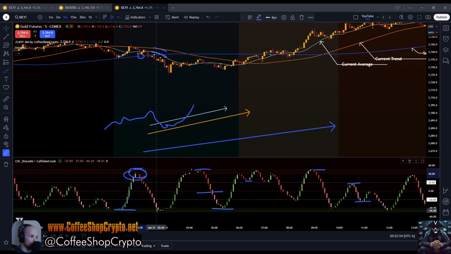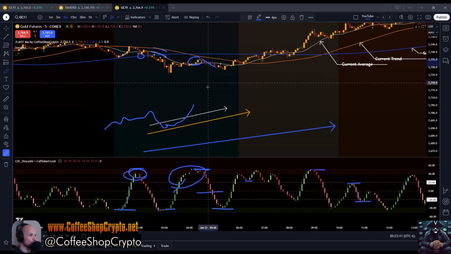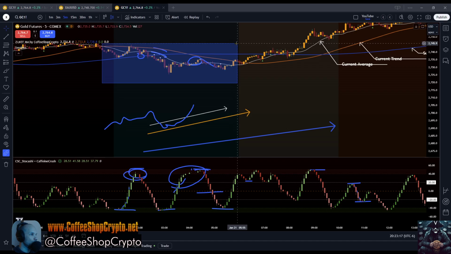Then you get down here, cross above, and you should be looking at another short move, provided that price moved in between the moving averages. So if you look here on price, again, it moves in between the moving averages, and you have another short move here. So let me just wipe all this out now, and I'll show you what we're going to be looking for.